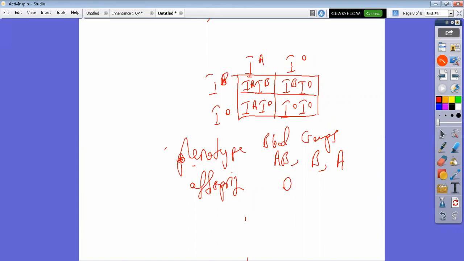Is that making sense, everyone? Can you see that this combination gives us all the blood groups? Yes. It gives us 25% AB, 25%, I'm just showing you the B, 25% A, and 25% O. Is that making sense, Sarah?